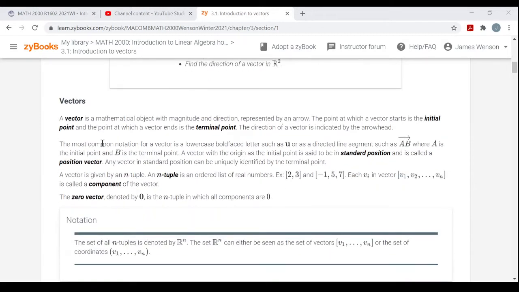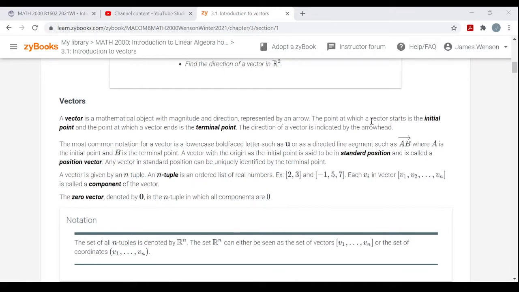All right, so I'll read the definitions at least. A vector is a mathematical object with magnitude and direction, typically represented by an arrow.